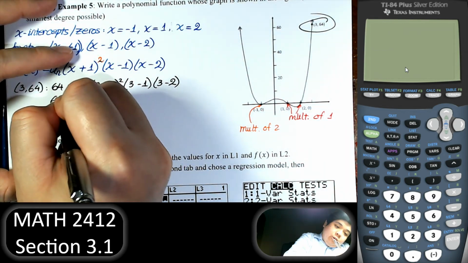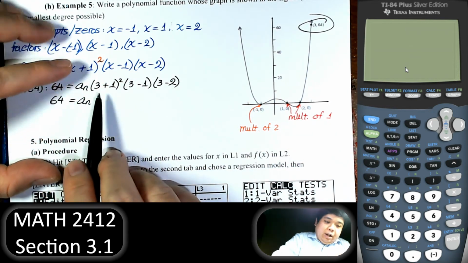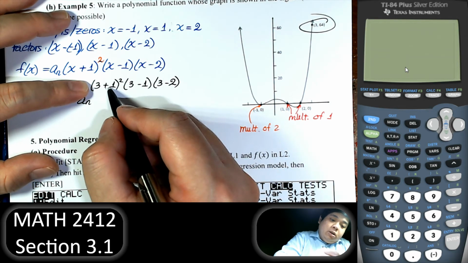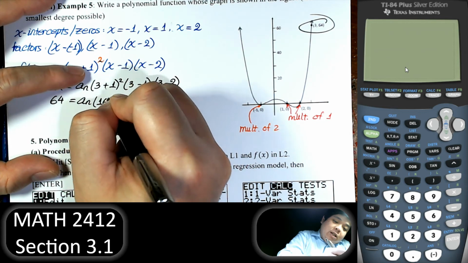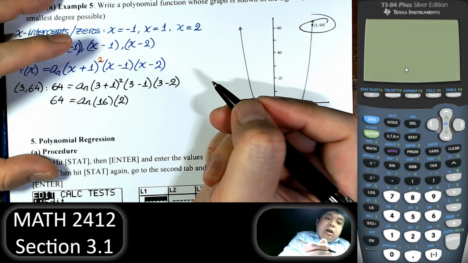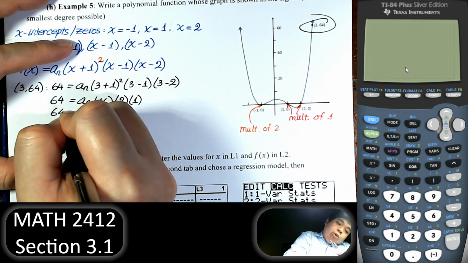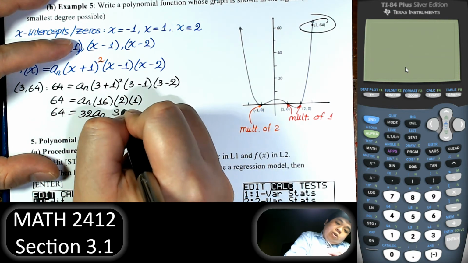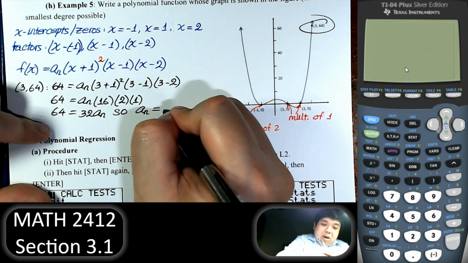So I have 64 equals a sub n times 4 squared. 4 times 4 is 16. 3 minus 1 is 2. 3 minus 2 is 1. So 64 equals 32 a sub n. So a sub n will be equal to 64 divided by 32, so it's 2.